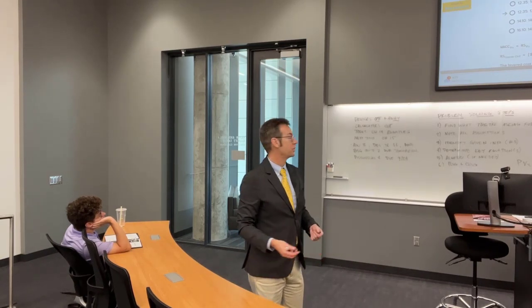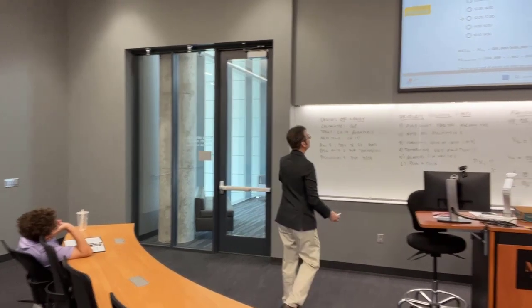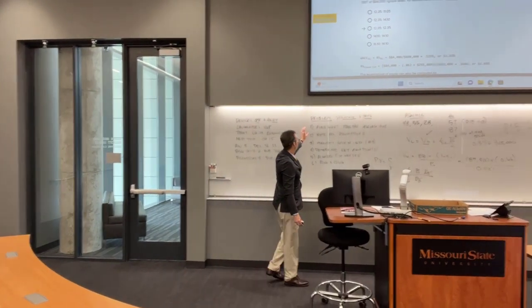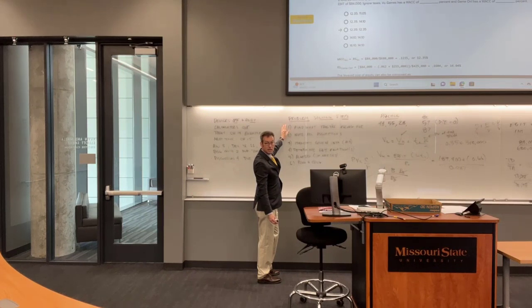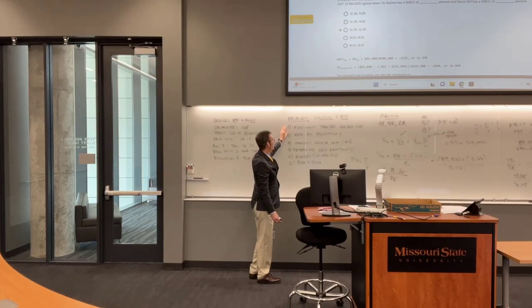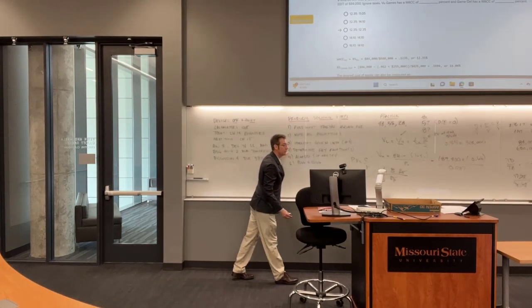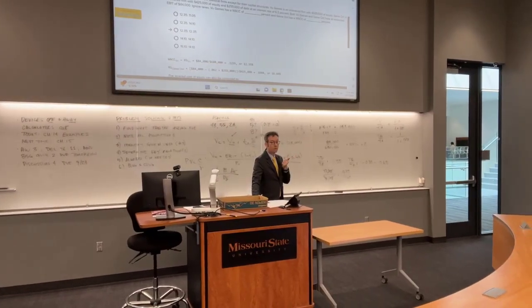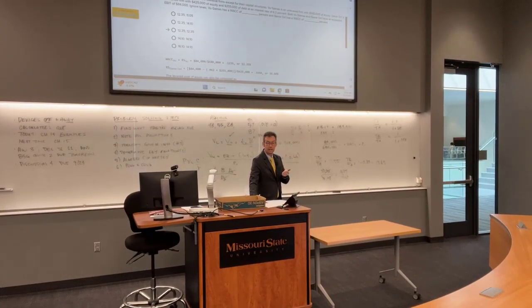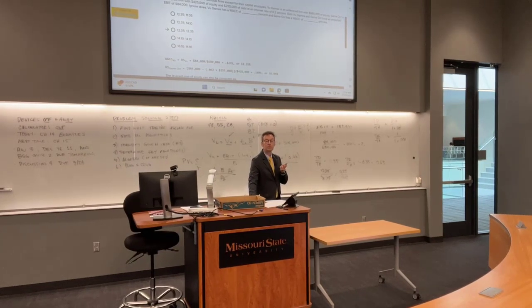Okay. And so if you started using my thing here, find out what they're asking for. They're asking for the required return on a levered firm, and then you start looking for what you need to do that. If you get down here to the key equations, you know which one it is. They've given you the required return on the debt, the B, and the S. What's the only thing they haven't given you?